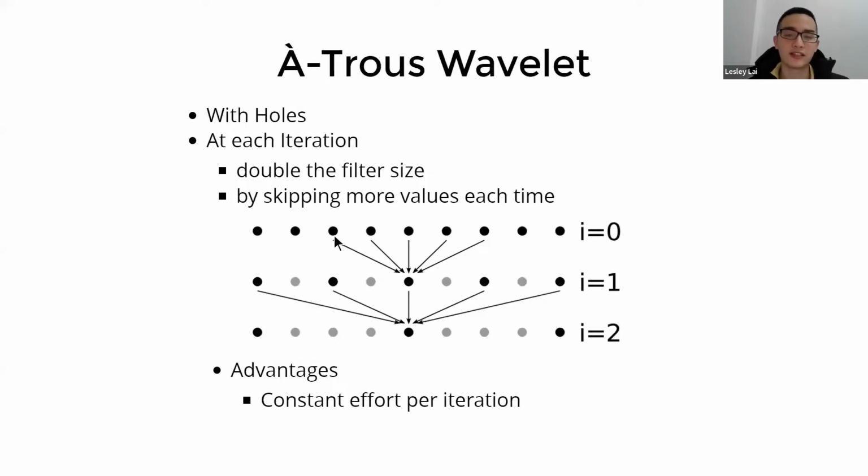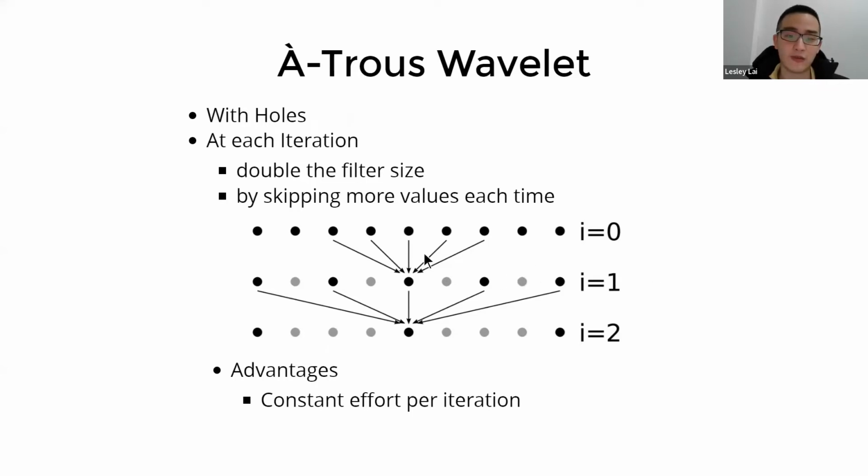So you can see in the first level, we use those 5 values to calculate the weighted average to get this 1 value. And then for the next iteration, we also fetch 5 values instead of fetching all of those 9 values. This way, we don't have that quadratic explosion problem.